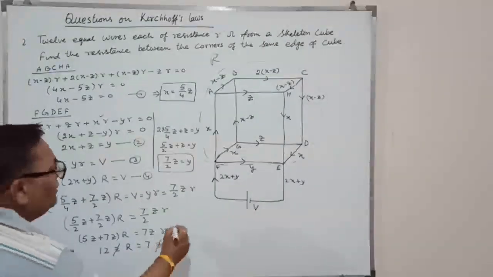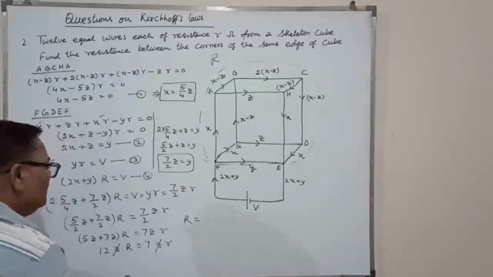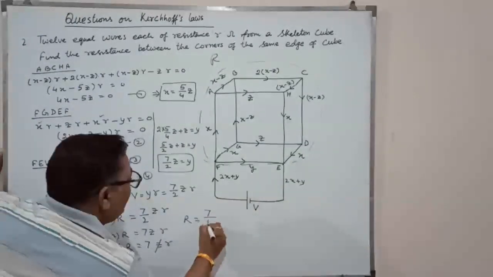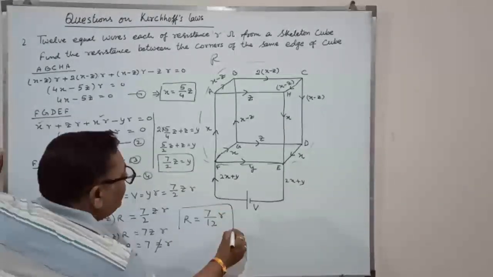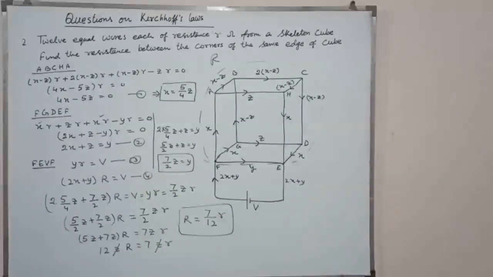Z cancel, and R is equal to 7 upon 12 r. This is the equivalent resistance of this network.